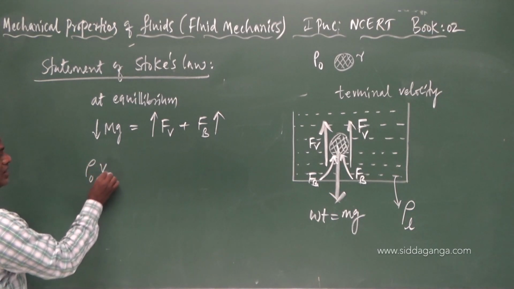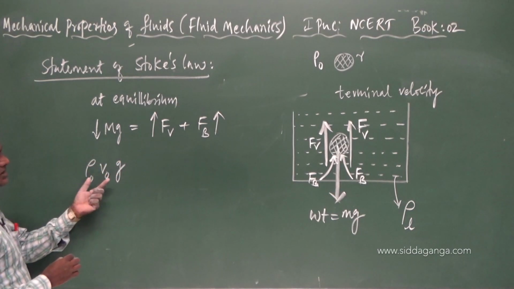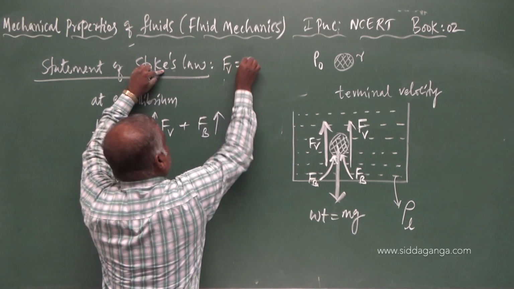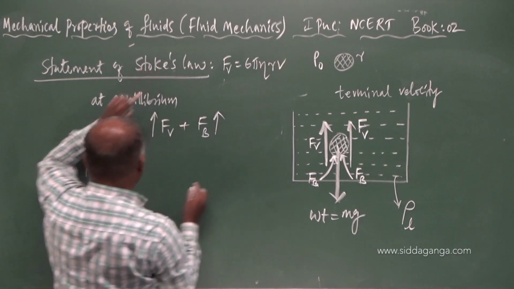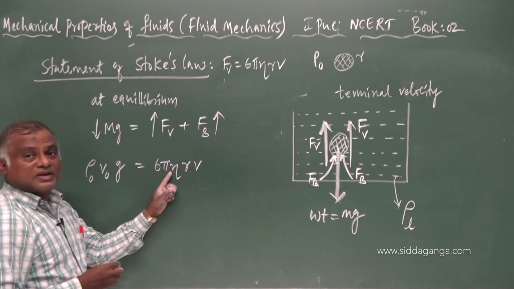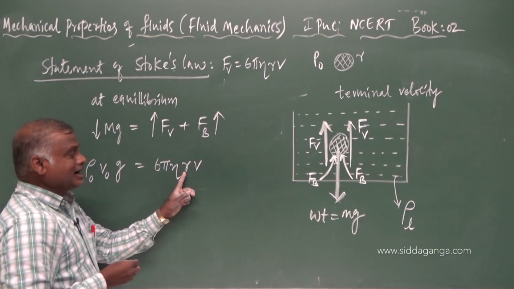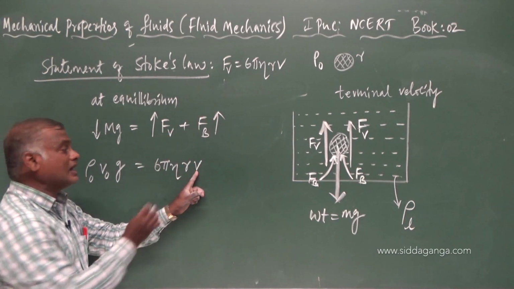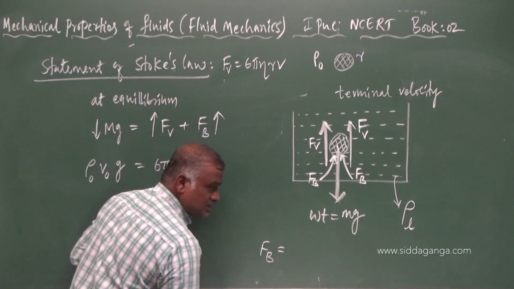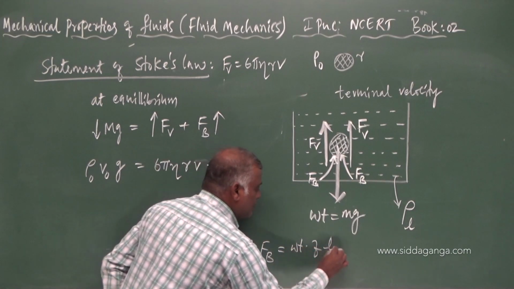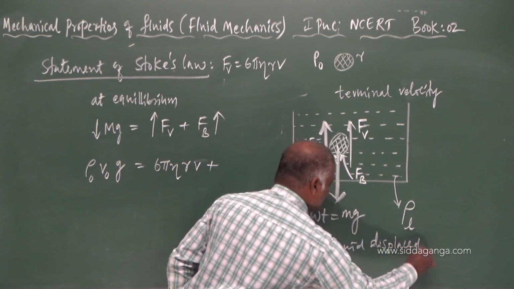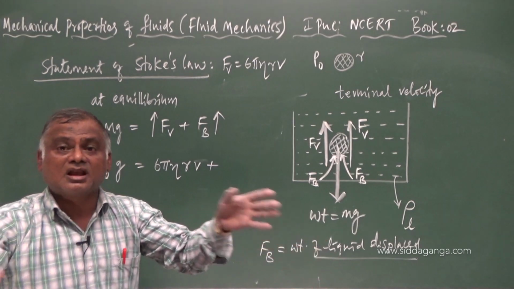Rho naught V naught into g, mass into g. Viscous force, by Stokes law, is 6 pi eta r v, where eta is the coefficient of viscosity of the fluid, r is the radius of the object, and v is the terminal velocity. We know upthrust is always equal to the weight of the liquid that is displaced.